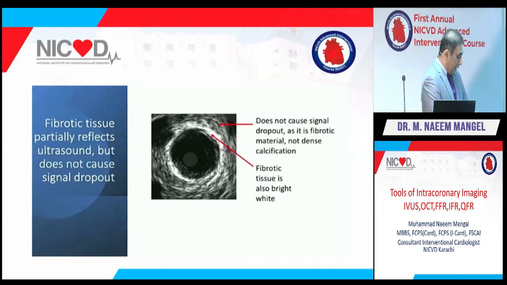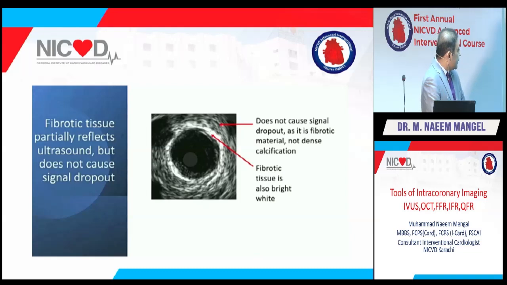So how do we see the fibrotic lesions and the calcified lesions? If we look at this picture, this is the adventitial layer, and media is most probably here. And this white lining, the calcium and fibrotic lesions, look white because of increased reflectiveness.